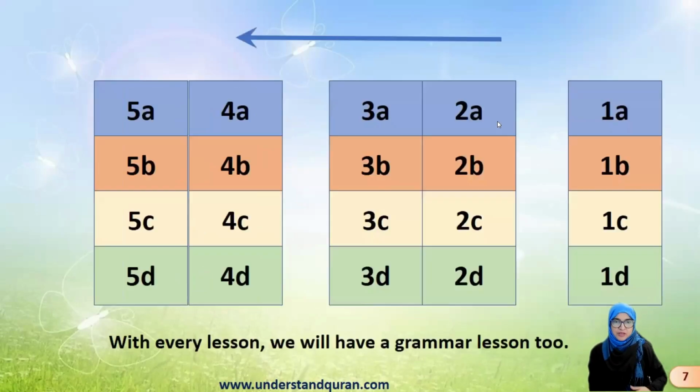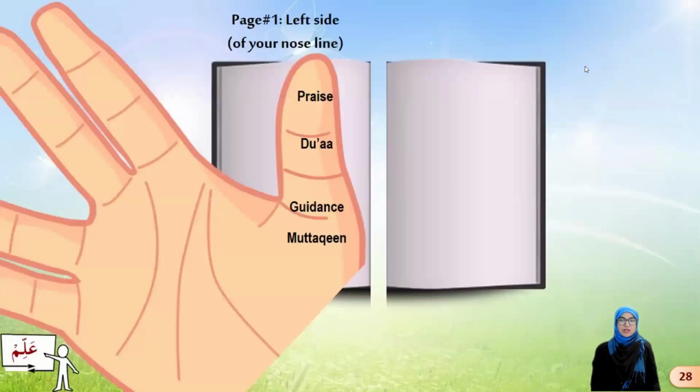The same thing will continue: 1A, Quran and grammar, 1B, Quran and grammar, 1C, 1D, and there we will finish the first page. Then inshallah we'll finish 20 classes of the Quran and 20 classes of grammar, and by that time you will know 80% of the words of the Quran, provided you're doing both parallel to each other, inshallah.